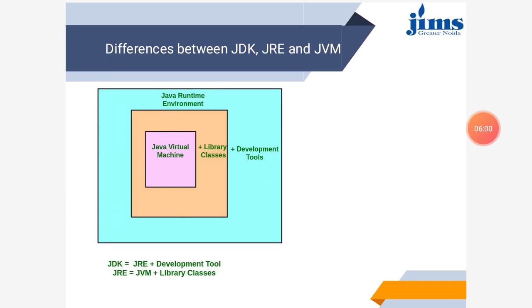So if we see the picture of this presentation, the overall thing is your JDK, the Java Development Kit. And what does it contain? It contains the Java runtime environment plus development tools. To develop your application, we require many things.